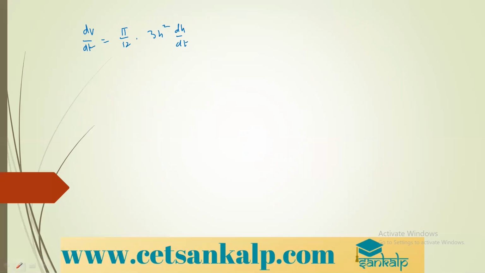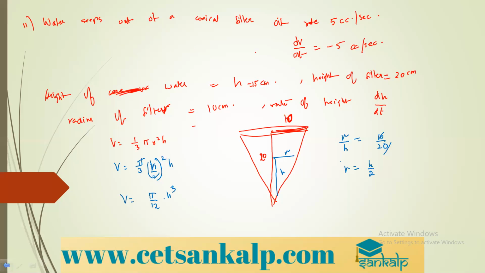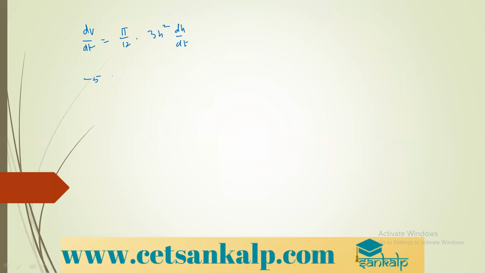Now in this you have to plug h equal to 15, and dv by dt is minus 5. So minus 5 equal to pi by 4 into 15 square, that is 225, dh over dt. So dh by dt will be minus 5 into 4 by 225 pi.